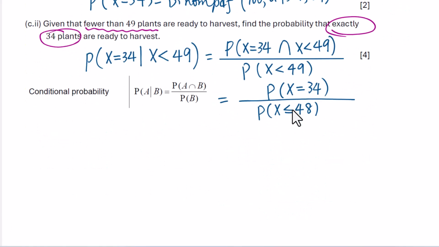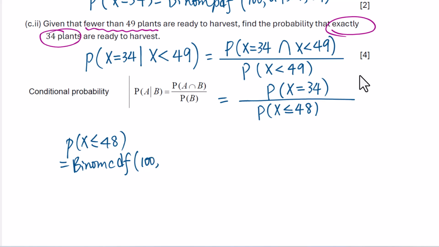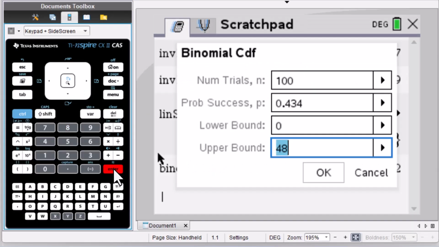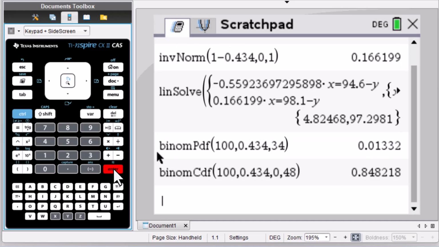Let's work out probability of X less than or equal to 48 first. We got to use the binom CDF, 100, 0.434. 0 is the lower bound, upper bound is 48. Go to binom CDF. Enter. 0.848218.